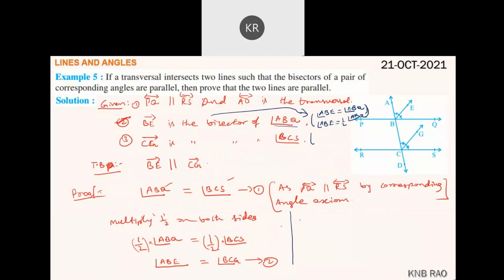Thus, angle ABE and angle BCG are a pair of corresponding angles formed by the transversal.